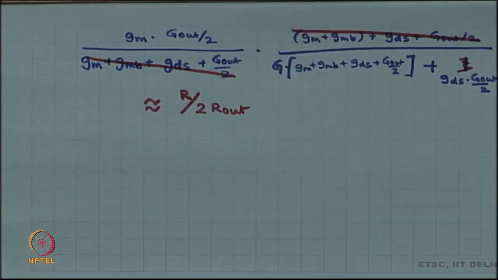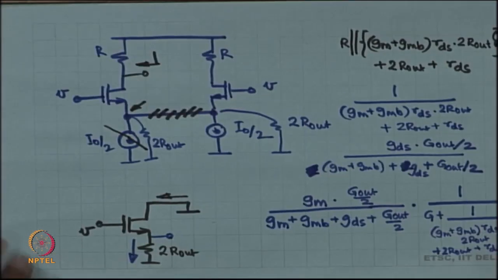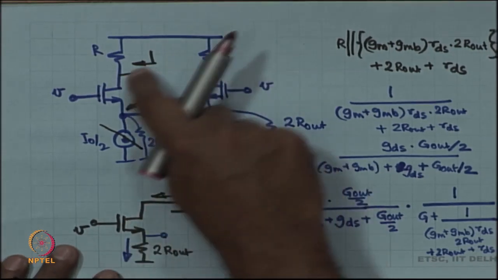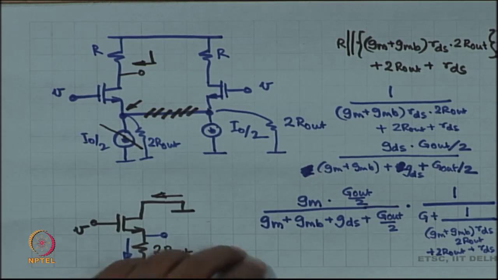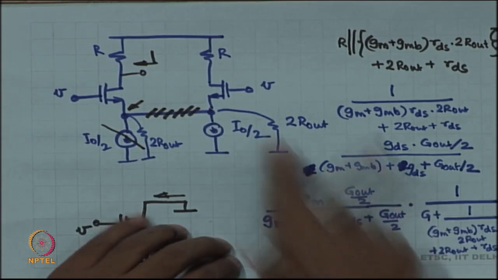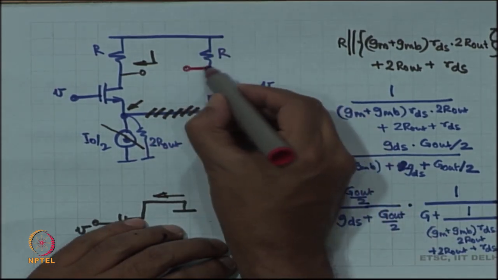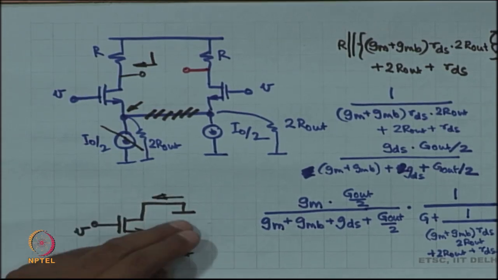From this expression you should also be able to say what is the common mode rejection ratio. Oh, by the way, what are we doing? We have so far found the response of this voltage to a voltage V. Likewise, the other voltage also will respond in the same way.